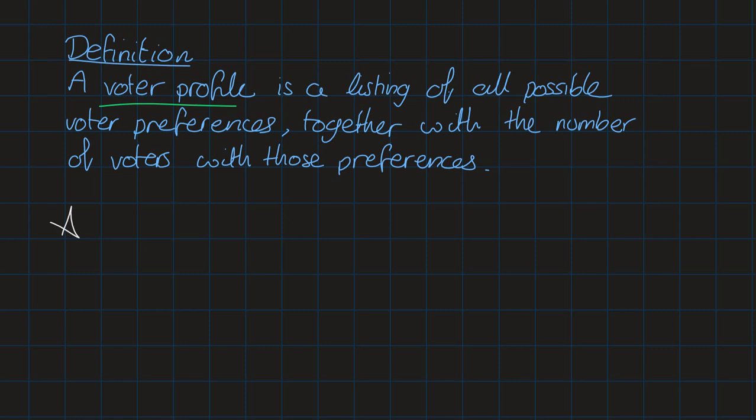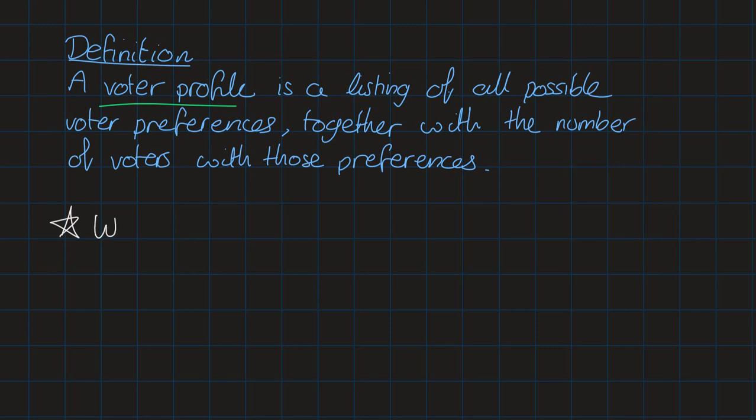One thing to note is there are a lot of different ways of voting, and if 0 people vote in one particular way, then you tend to omit it from the voter profile.